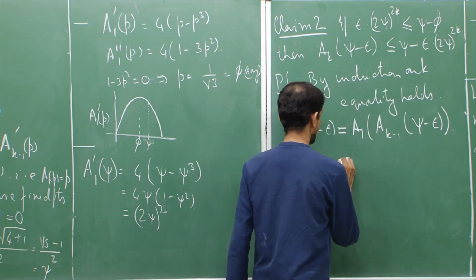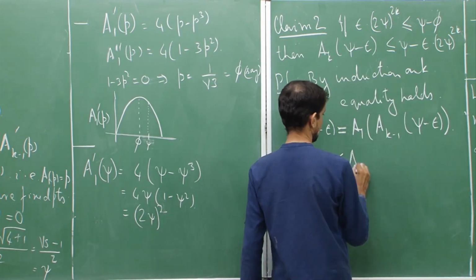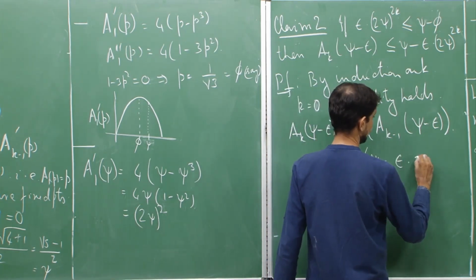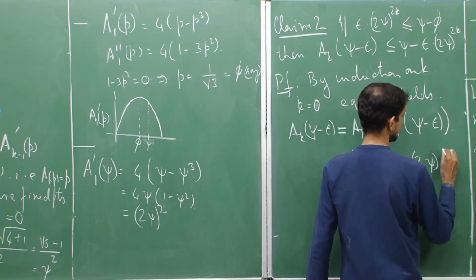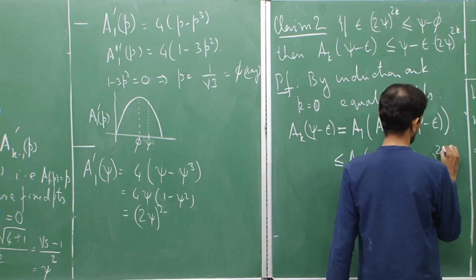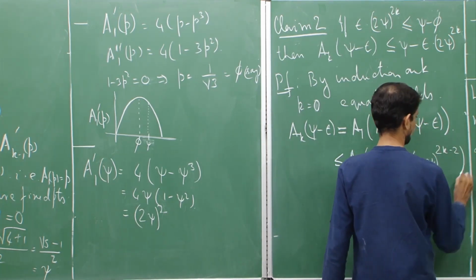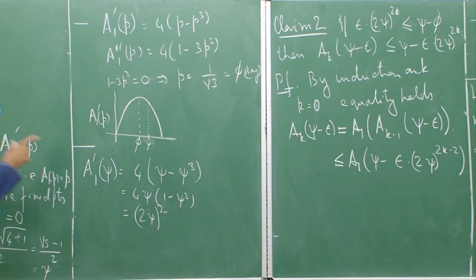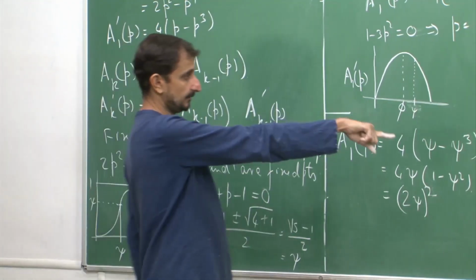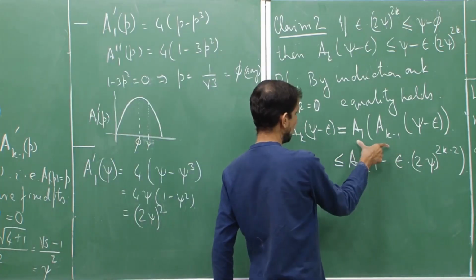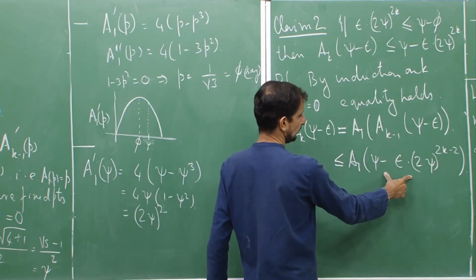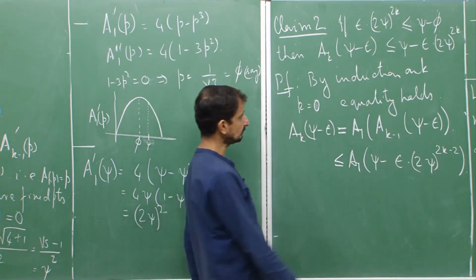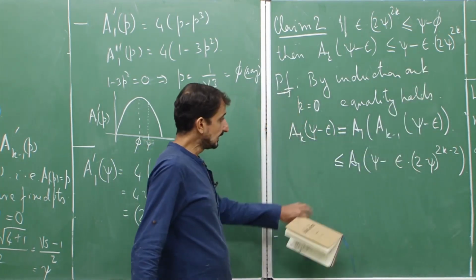Now, by induction we know that this is at most a_1 of psi minus epsilon times 2 psi to the power 2k minus 2. Here I use the definition of a_k, and here I am using the inductive hypothesis to substitute for a_{k-1}. Now, what do we do?